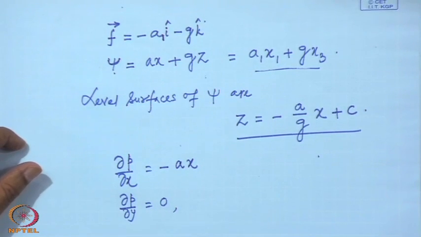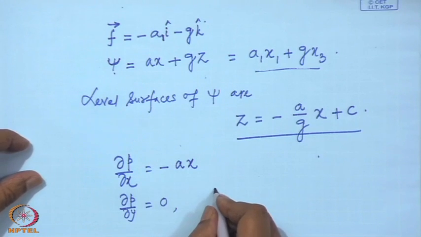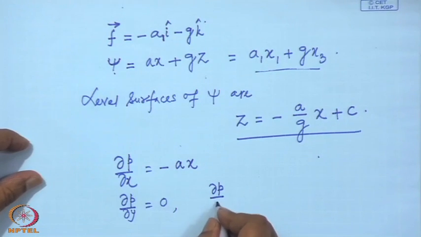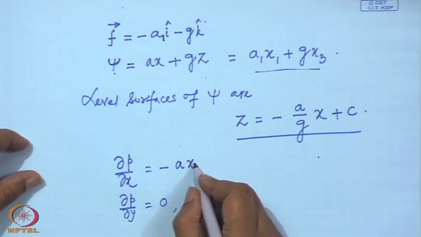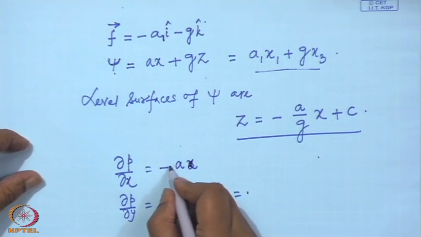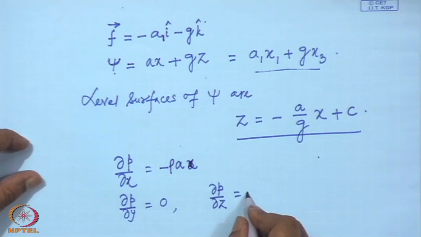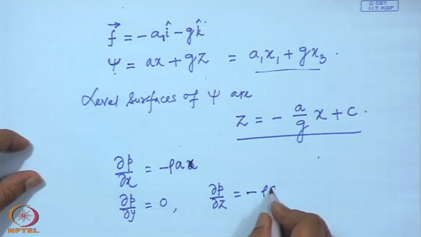There is no force in the y direction, and dP dz is, oh sorry, not minus Ax, minus A rho, yeah. dP dz is minus rho g.